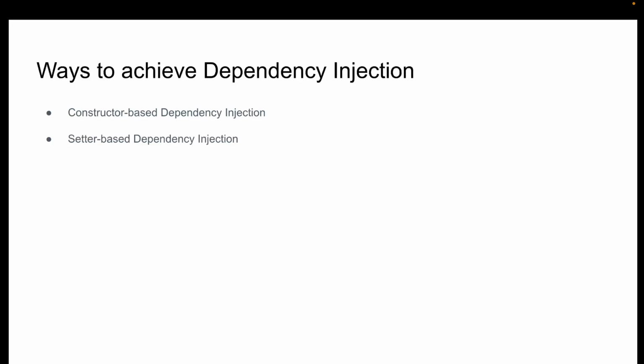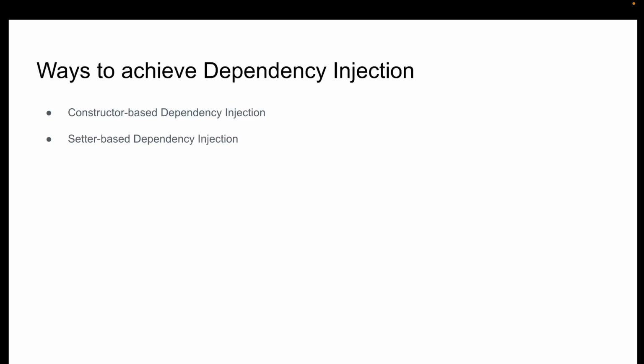When we talk about the Spring framework, these classes can be considered components. And you see, your employee has an address, so employee is dependent on this address component, right? You want to inject this address component in your employee component.